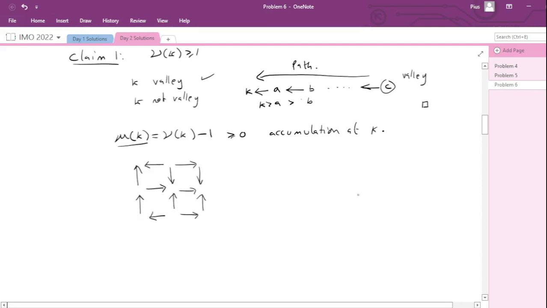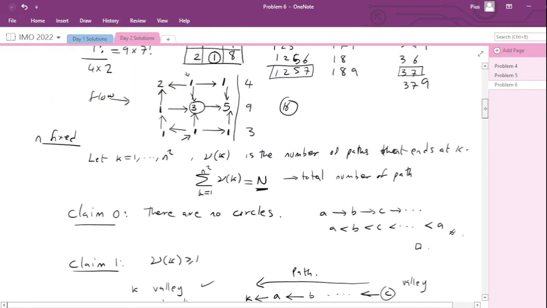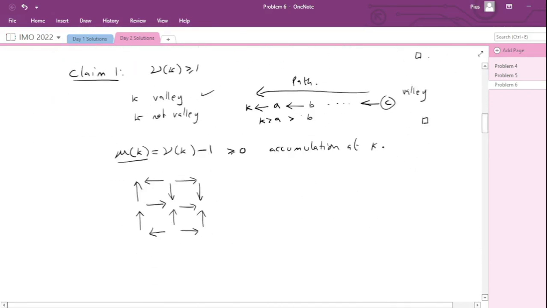We just subtract 1 from all the values we had up here. So we have 0 here, 0, 0, 0, 2, 4, 0, 0, 1.